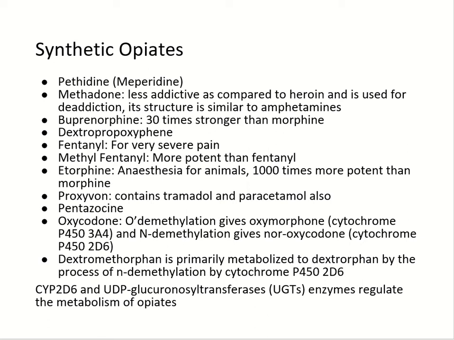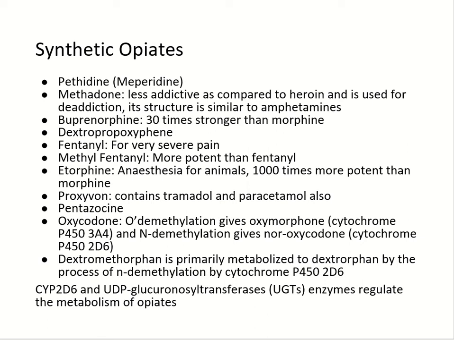So for heroin withdrawal, methadone is used. Other examples are dextropropoxyphene and fentanyl. Fentanyl is used for very severe pain. It is an analgesic. Methylfentanyl is more potent than fentanyl. Etorphine is an anesthetic for animals, and it is 1,000 times more potent than morphine.